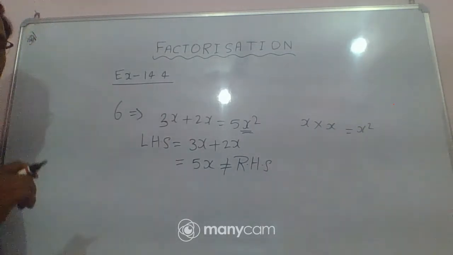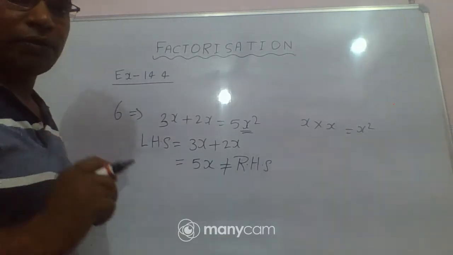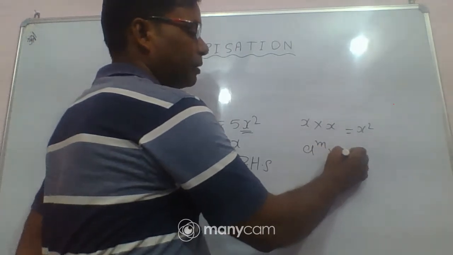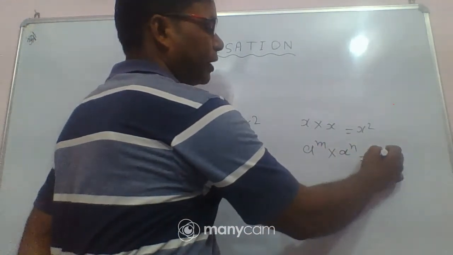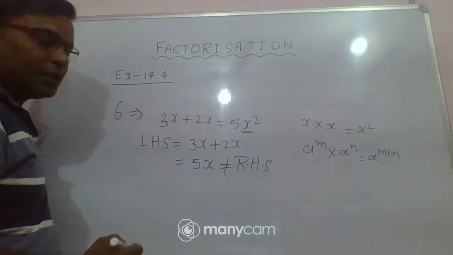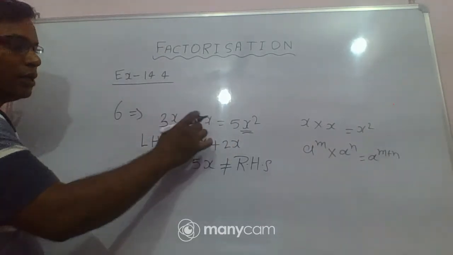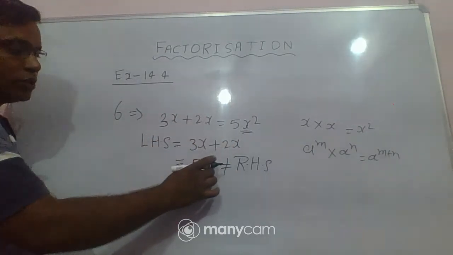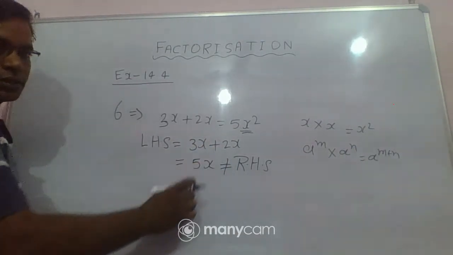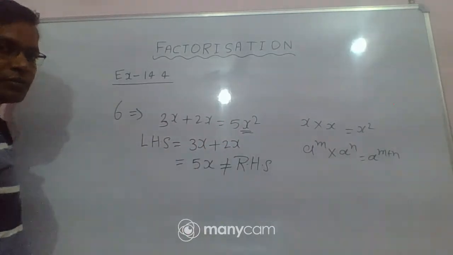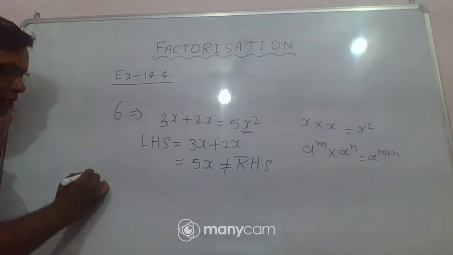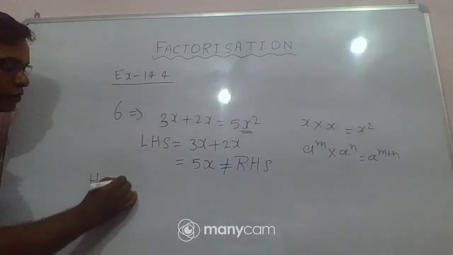And in the case of multiplication, if the bases are the same, then we add the powers of the variable, like a to the power m into a to the power n is equal to a to the power m plus n. Clear? So you can see here we solve it and we find this is equal to 5x. So this is an error point.